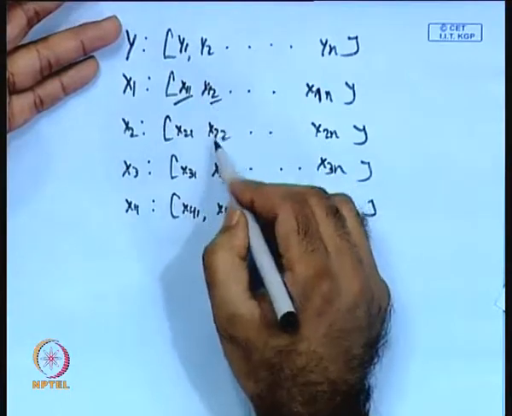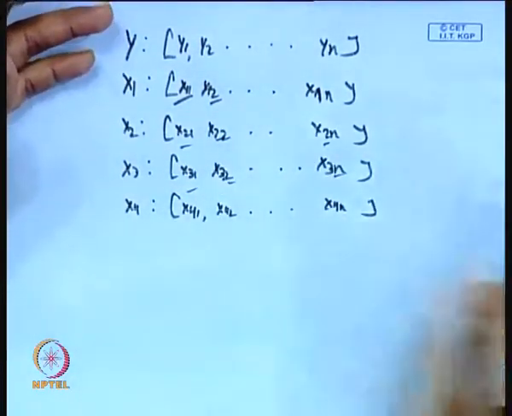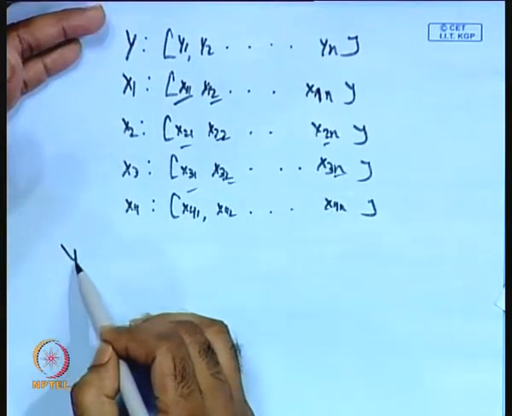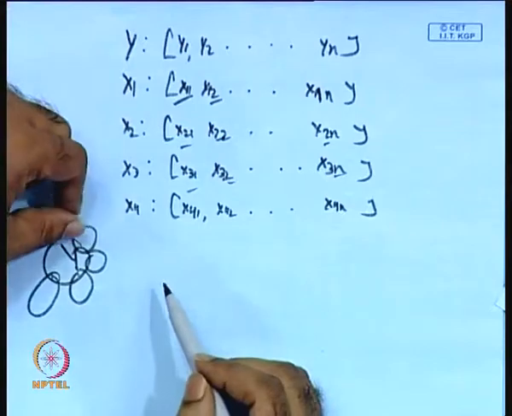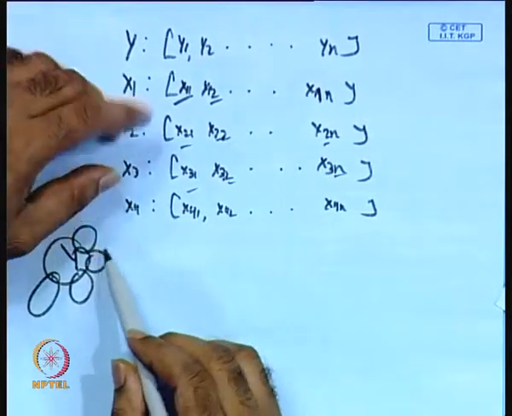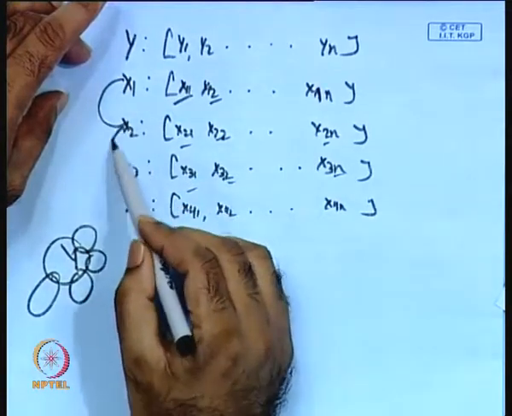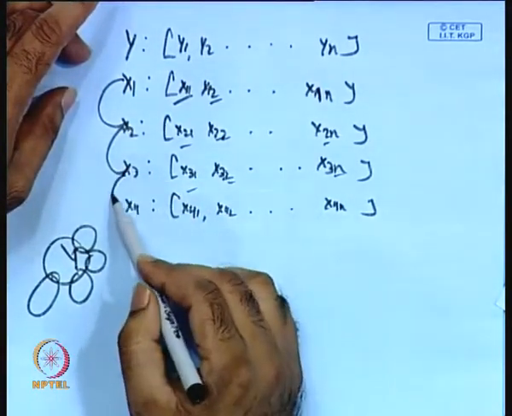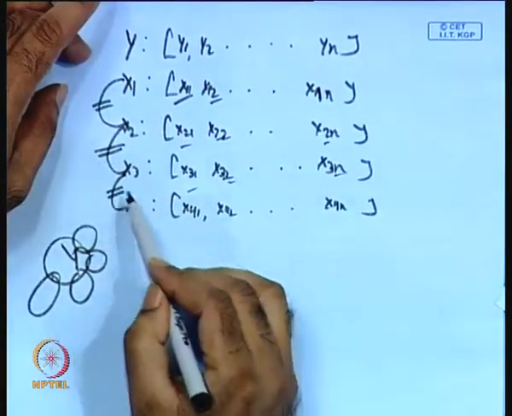There may be some quantity figures in all these details. So when the model is y and x1, x2, x3, x4 like this, it means there are no common elements in between. That means there is no connection between this and this, and no connection between this and this. These are all no correlation.